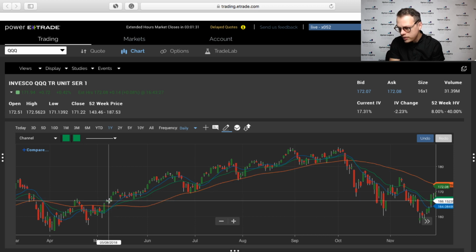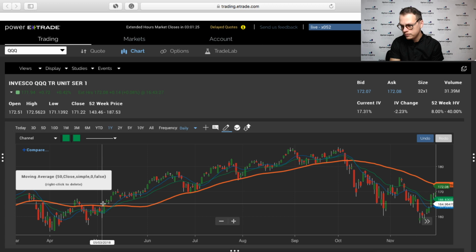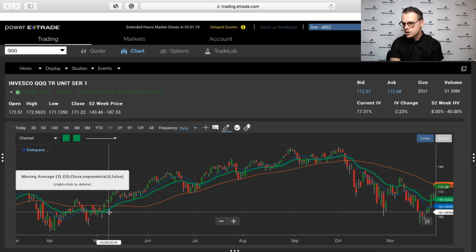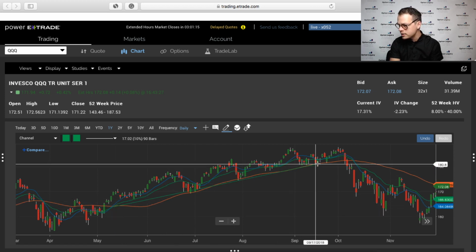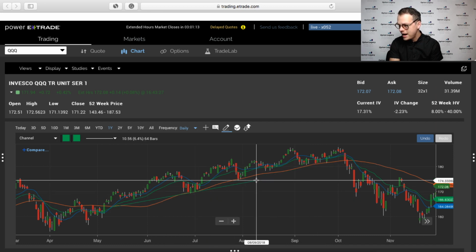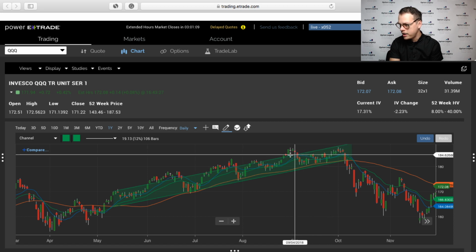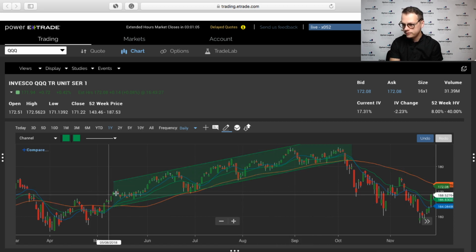On this candle body right here, it breaks above this high of the channel, and also the 10-day simple moving average is crossing above the 20-day simple moving average. So the start of that channel is right about here, and we would draw this out, and it continues to use the 50-day simple moving average all the way up, and then it stays in that channel.